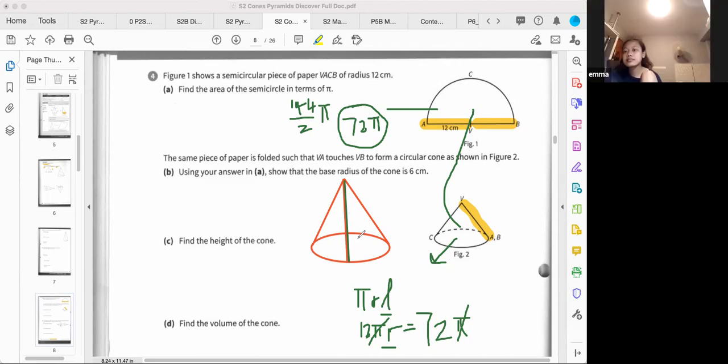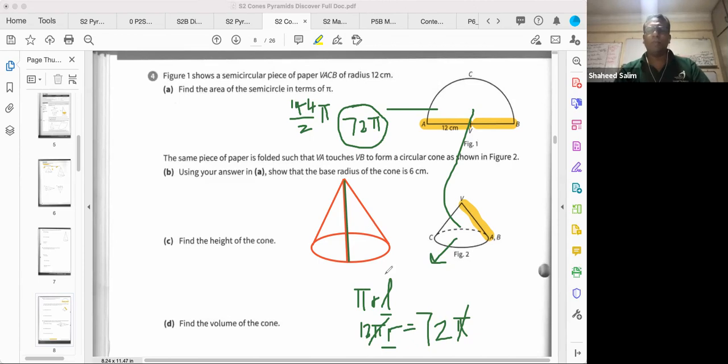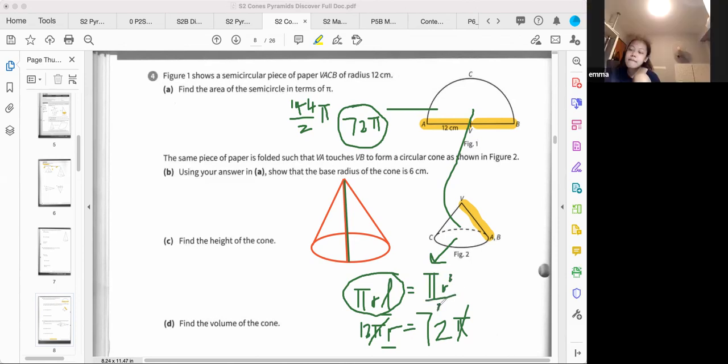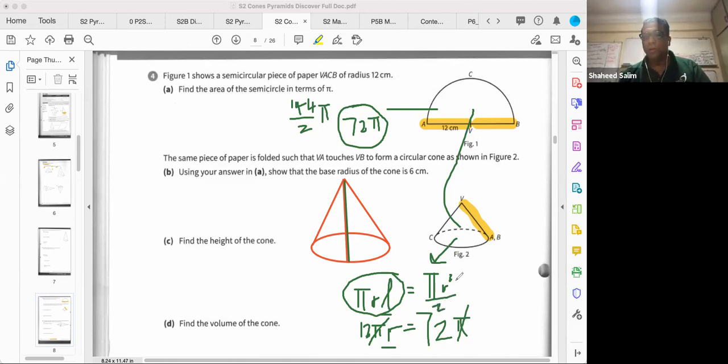Do you get it? So curved surface area of a cone, this is the formula. And then if you take pi r squared, this is area of circle, then divide by 2. So when we take pi r squared divided by 2, you get 72 pi.